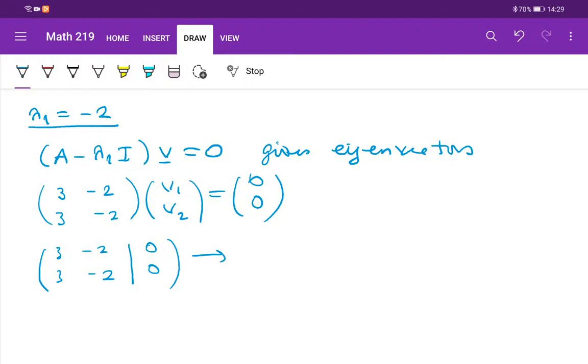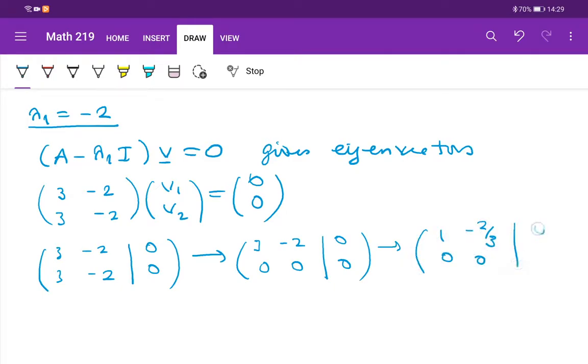If we subtract the first equation from the second equation, you get an identically 0 equation. And you can divide the first row by 3: 1, minus 2 over 3, 0, 0. So we have a free variable here.